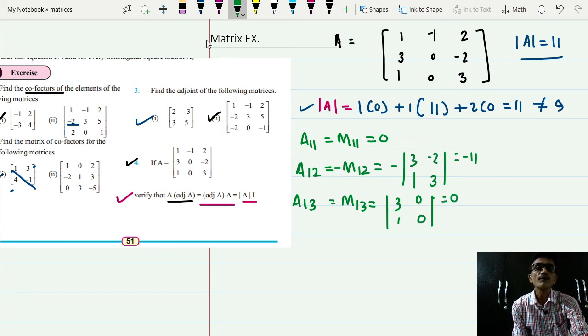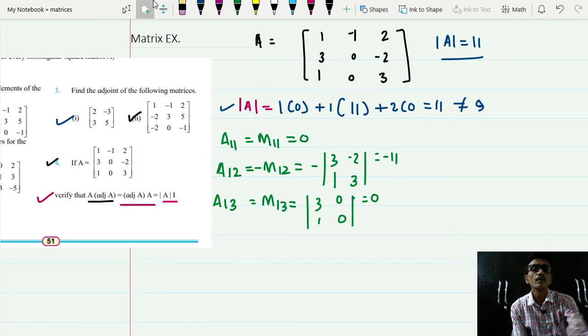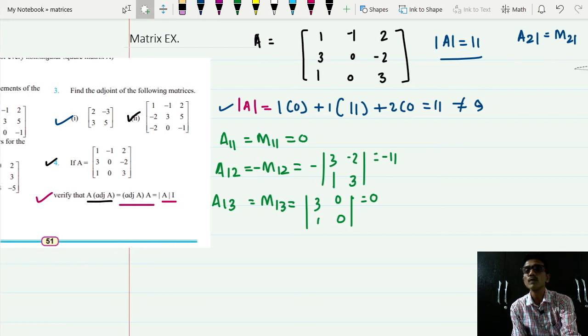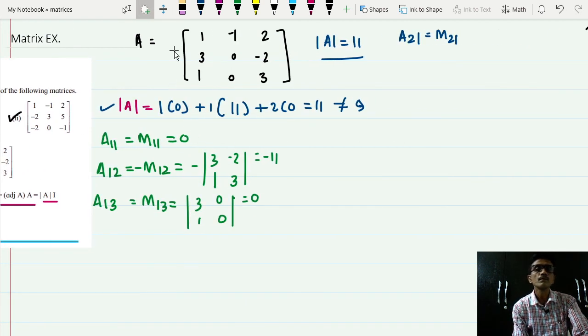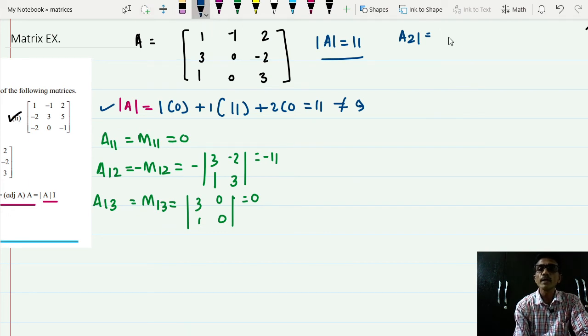Then we find the cofactors, that is A21. A21 is equal to minus of M21, because it is odd. So A21 is equal to minus of M21.